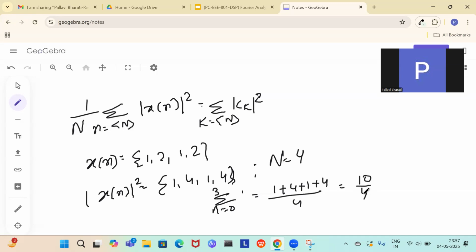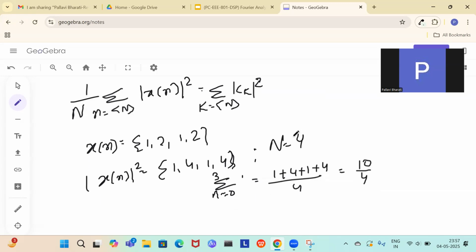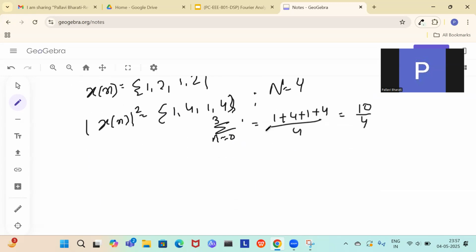And on this side, what is going to happen? You have to do the c_k squared. For that, you will need to find all the c_k. C0 will be 1 plus 2 plus 1 plus 2. But C1 you will have to find again: 1 plus 2 into e to the power minus j 2 pi by 4, where k is 1 and n is also 1.